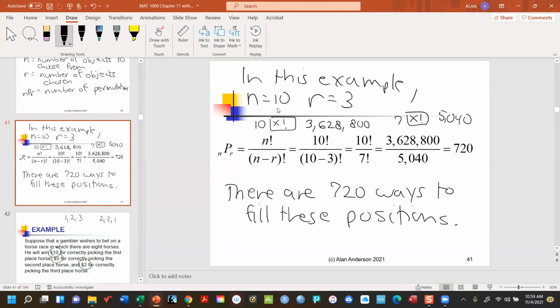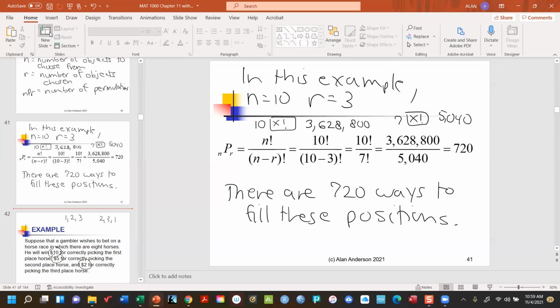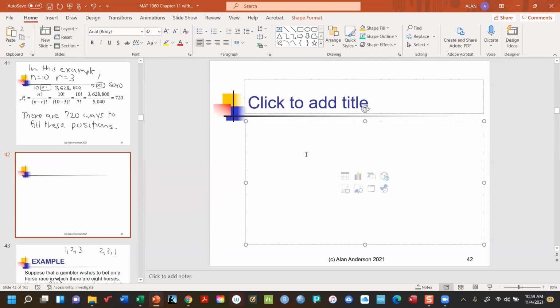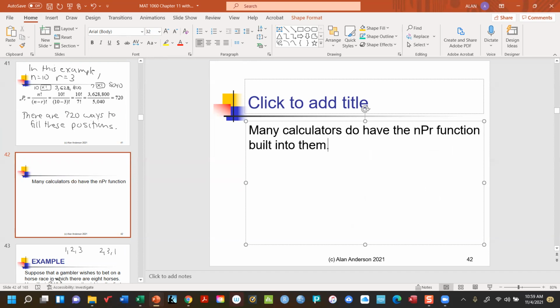Now, if you have a more advanced calculator, many calculators actually have this built into them. Let me just mention that if you're not using the iPhone, take a look at the keyboard on your calculator. For example, the Texas Instruments TI-30XIIS, which you might have, has it. It's directly above the minus sign.